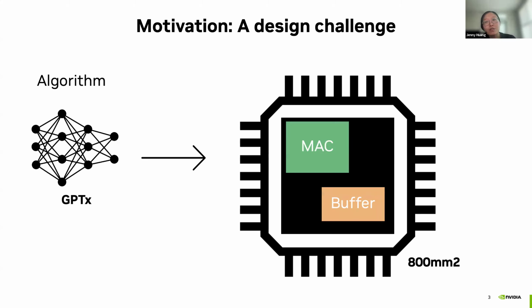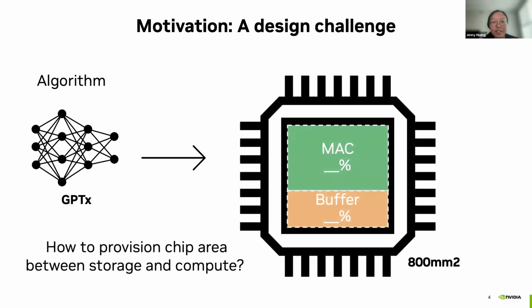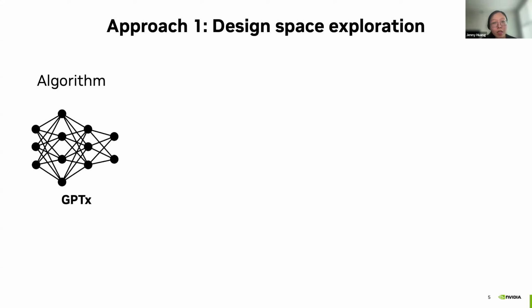You're free to fill this chip with either compute resources or on-chip buffers to optimize for performance. Now you'll be facing a key design challenge: how do you provision the chip area among different components? There will be storage components, compute components, and what I'm not listing here is some communication components. Also, there is some dark area for thermal optimization.